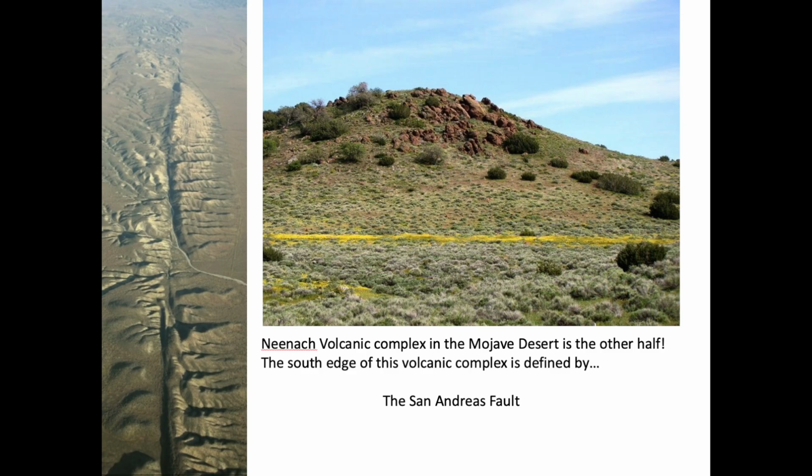These rocks share the same exact age and the same exact chemistry, proving that they were once connected and that there has been 195 miles of movement on the San Andreas Fault in the last 22 to 23 million years. And that is pretty incredible.